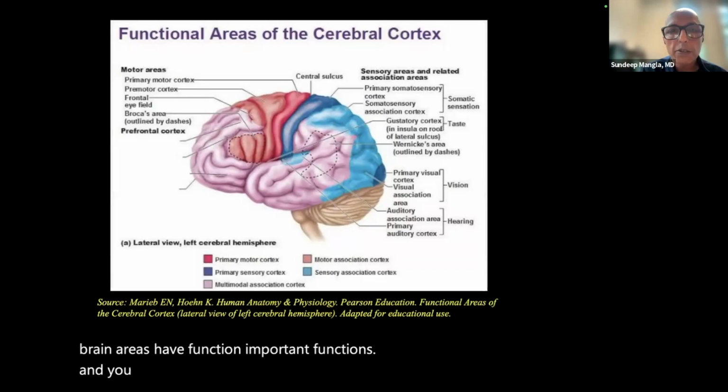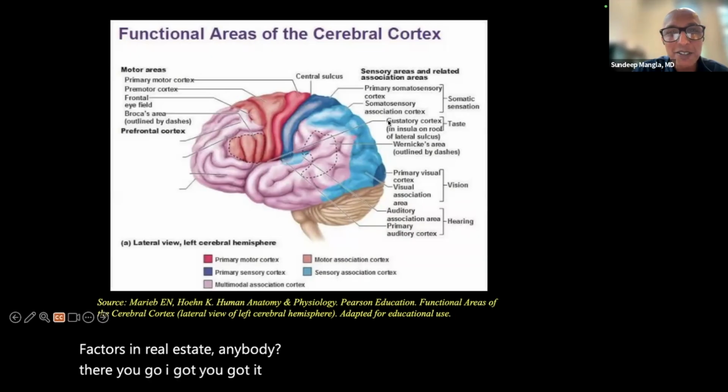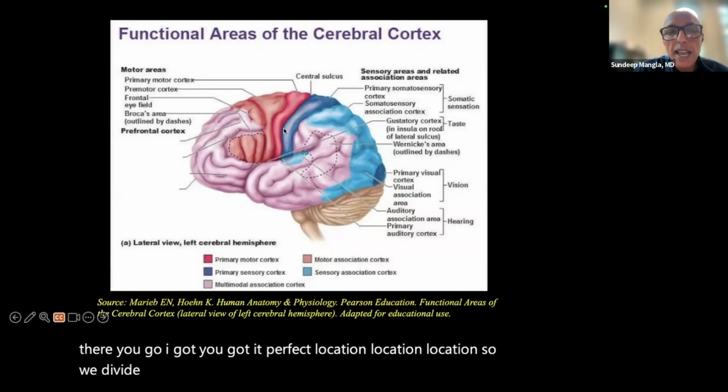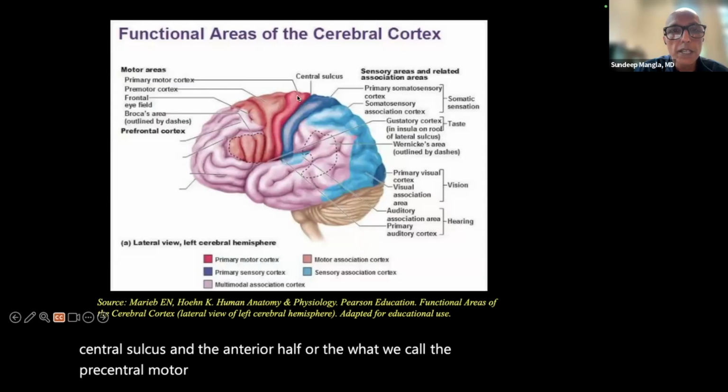It's like real estate. What are the three most important factors in real estate? Anybody? Location. There you go. You got it. Perfect. Location. So we divide the brain into halves with what we call the central sulcus. And the anterior half, the precentral motor gyrus, is the primary motor cortex.